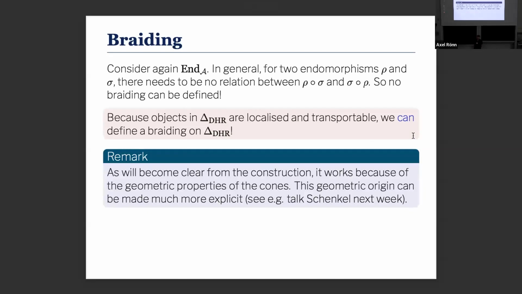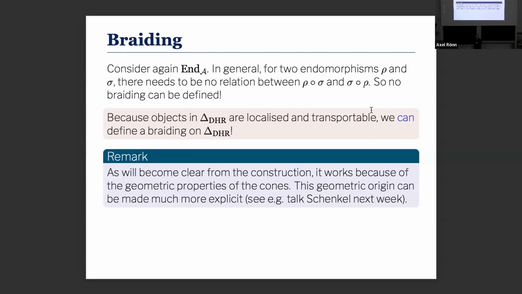Good, so we want to define a braiding. So let's go back to our toy example. I changed my notation slightly here, but I just mean the animals of algebra A. So what would it mean to have a braiding in here? Well, we would need to have some intertwiner between rho composed with sigma and sigma composed with rho.